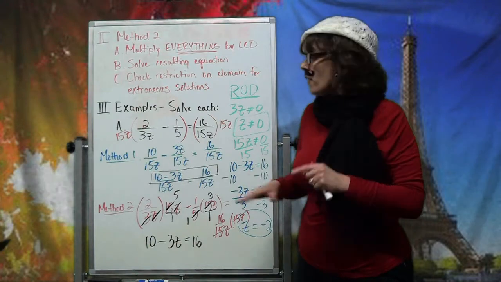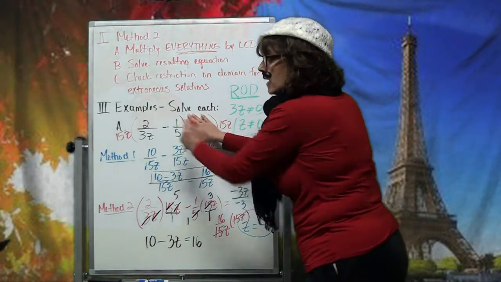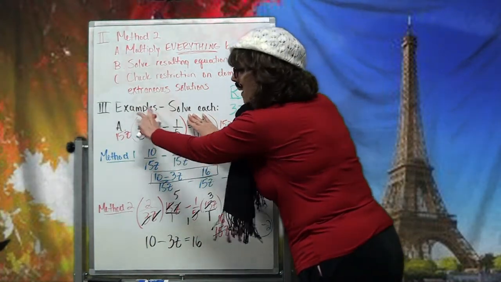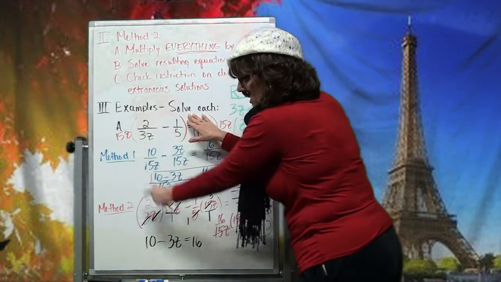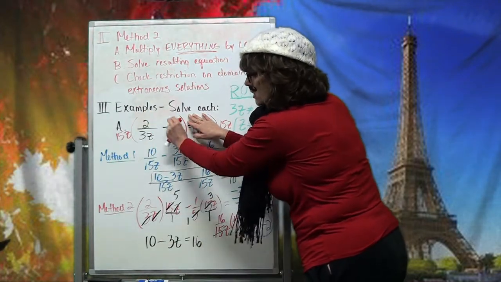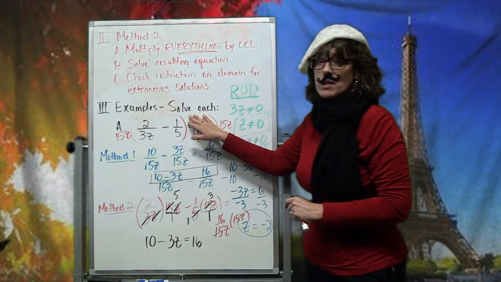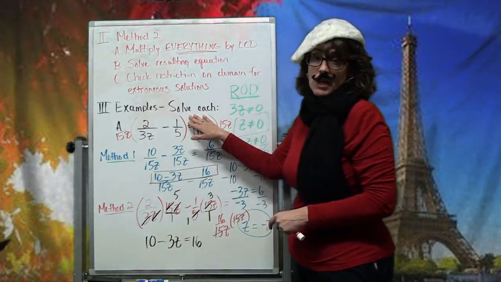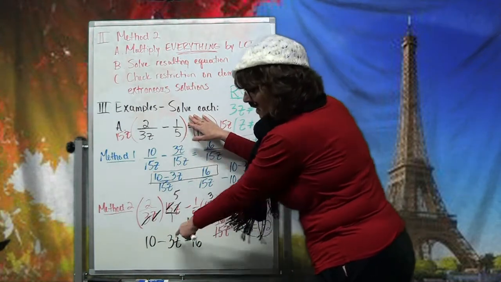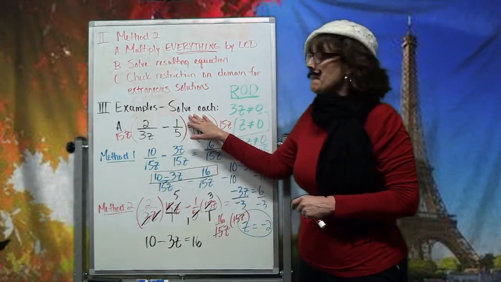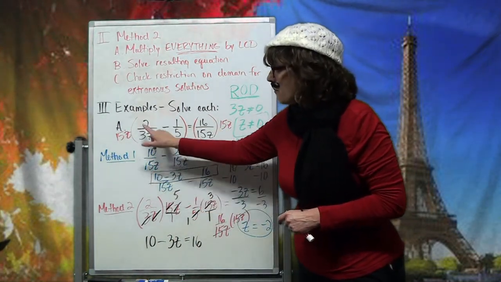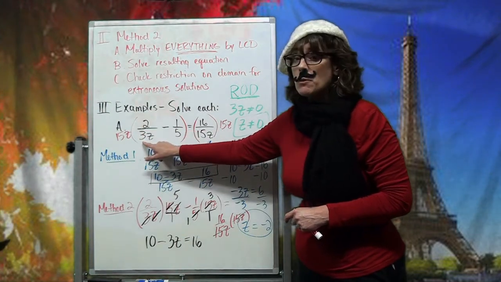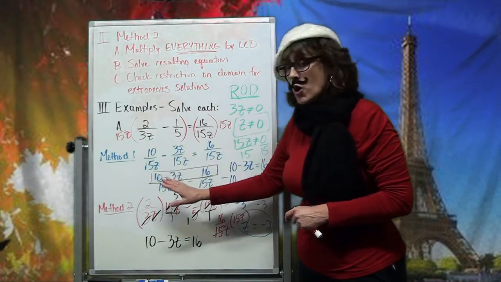But I know that when the equal sign's not there, I cannot do this because I'm changing the value of that fraction into a 10, and I'm changing the value of this fraction into a 3z. And you know that this fraction does not have the same value as a 10. You know that fraction does not have the same value of the 3z. Now when I did this and I multiplied the numerator and the denominator by 5, that's okay.